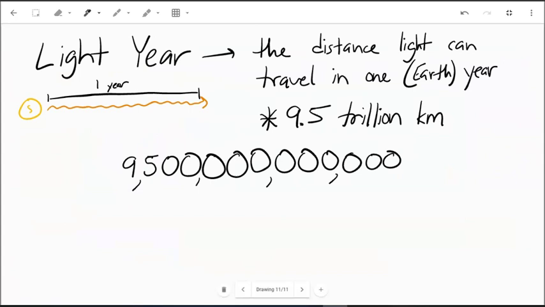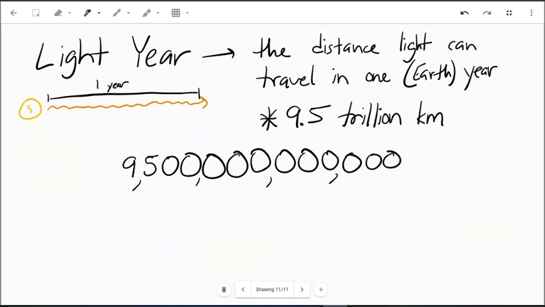There is your 9.5 trillion. All right. So 1, 2, 3, 4, 5, 6, 7, 8, 9, 10, 11 zeros. 11 zeros, followed by 5. So if you include 5 and those zeros, you've got 12 spots past that 9. So a trillion is a factor of 12, right? There are 12 spots behind that trillion.